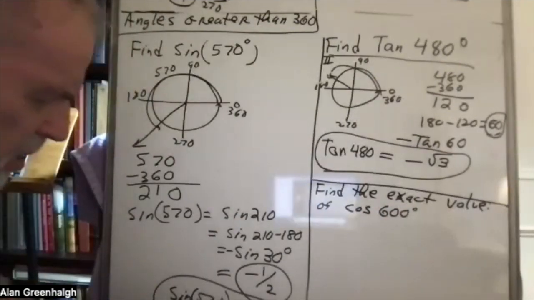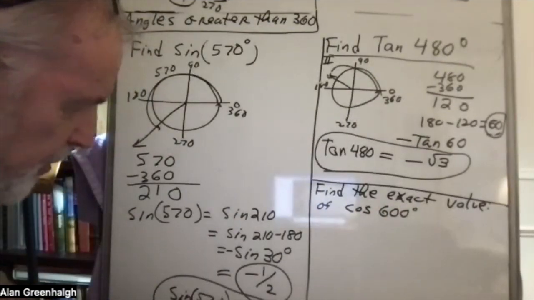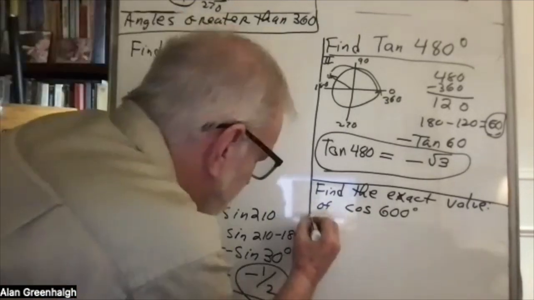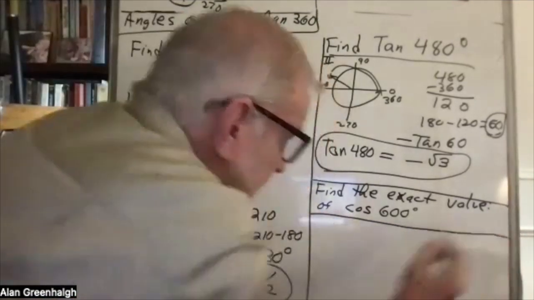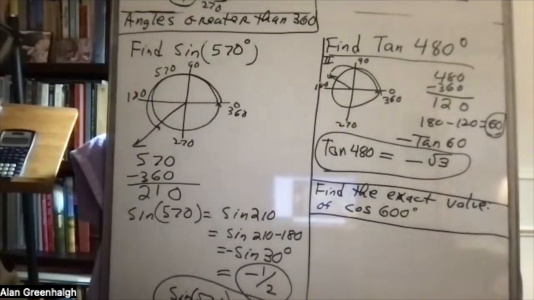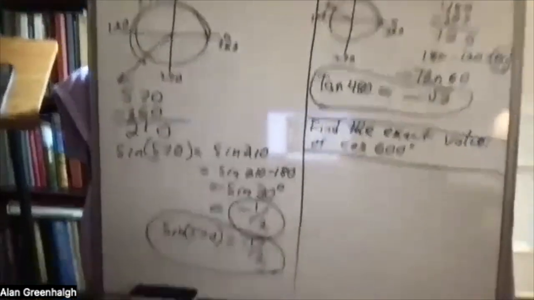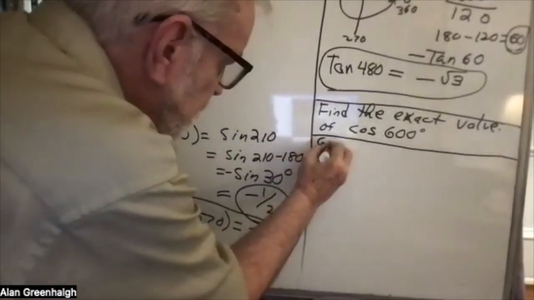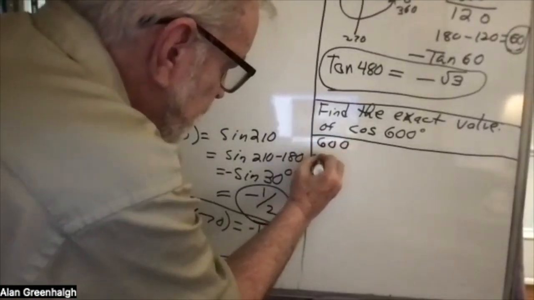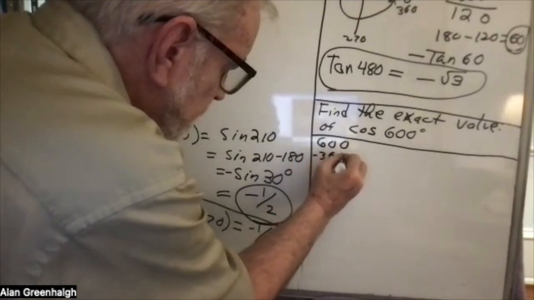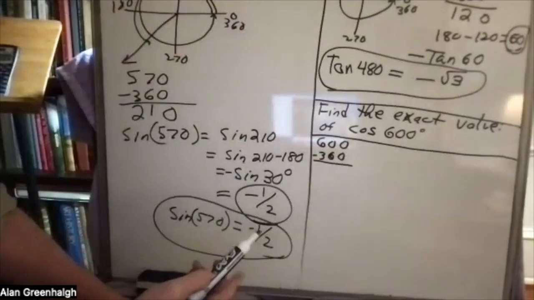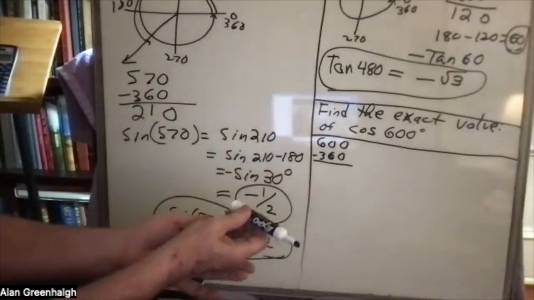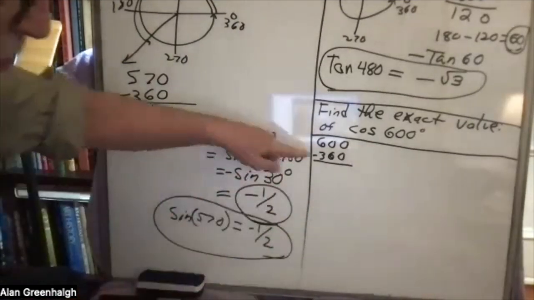Okay, let's begin. We don't have to draw this. I think it's ludicrous to try to draw an angle of 600 degrees. Let's just convert it to a normal looking angle first. So let's take 600 degrees and subtract 360. Just picture that the terminal line goes around once to 360.